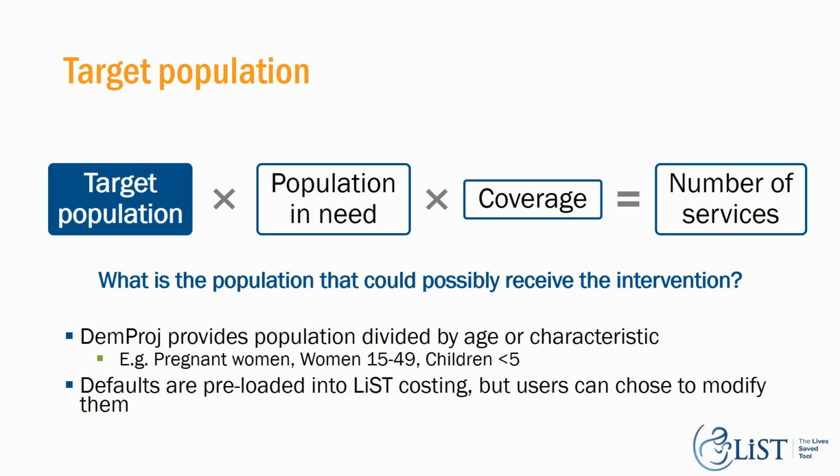And the default data are preloaded into LiST, but as in everything in LiST almost, if the user has different data, better data, more accurate, more recent, et cetera, that he or she prefers to use for whatever reason, users always have that opportunity.